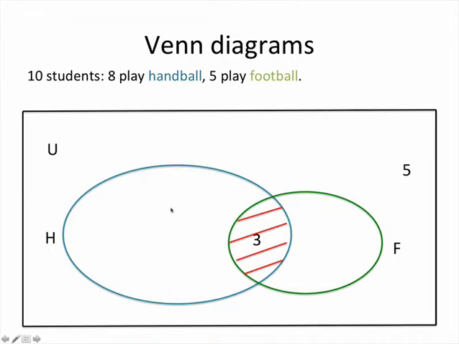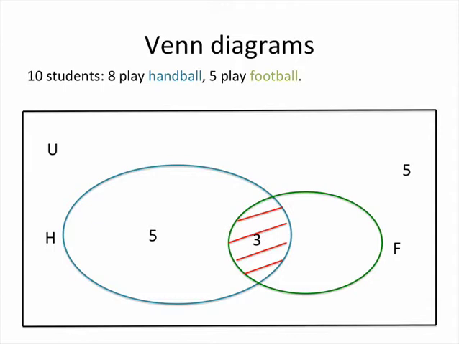Now we have to work out the last 2 bits of the diagram. Firstly, how many are in the blue circle by itself, not in common with the green? How many are in the blue only? They only play handball, but not football as well. Well, we found that 3 are playing both. If 8 played handball, 3 are playing both. That must leave 5 play handball only.